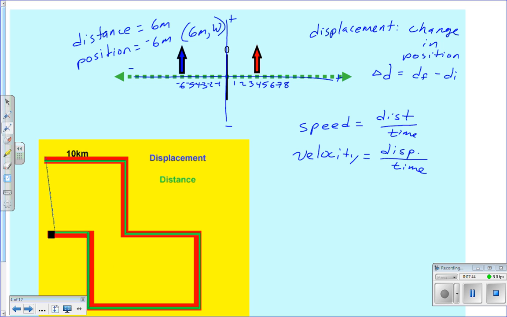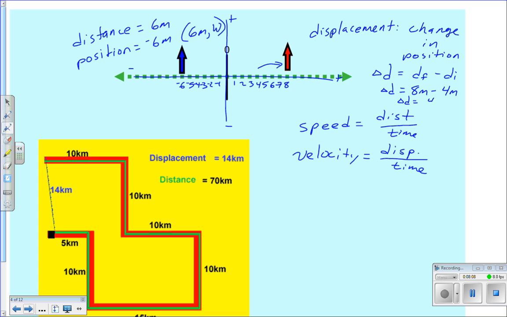So if this thing starts out at positive 4 and moves to positive 8, our final position then is 8 meters, and the initial position is 4 meters. So we have a displacement of 4 meters.